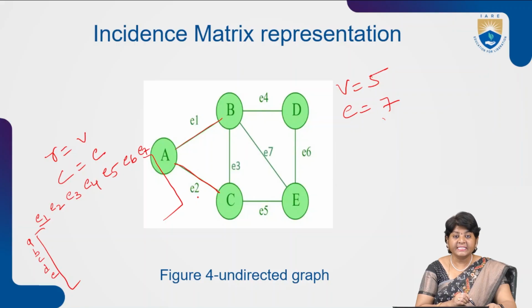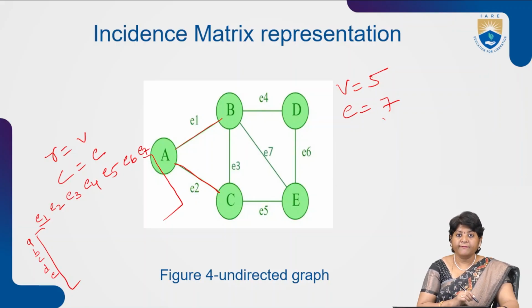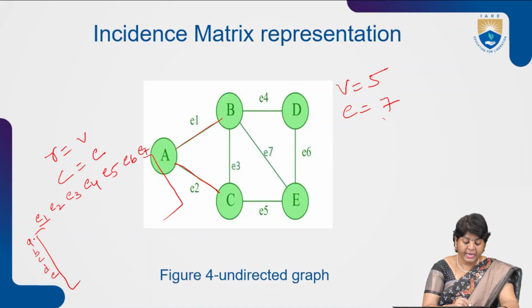That is, the edges connected to vertex A will be marked as 1, and the remaining edges are not incident to A, so they are marked as 0. E3, E4, E5, E6, E7 are not connected to A. They are not incident to A, so we will mark them as 0.